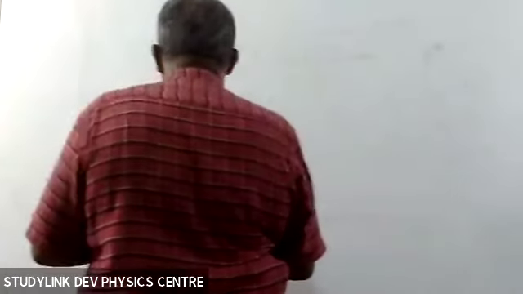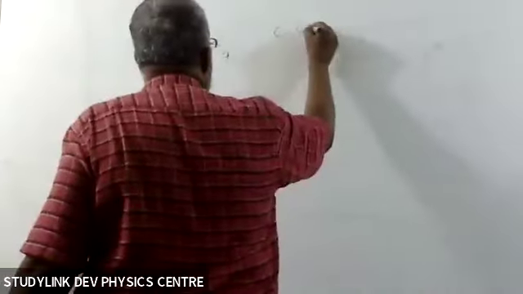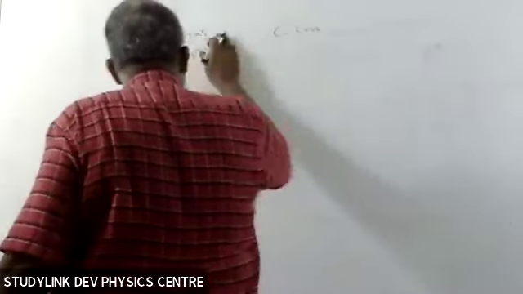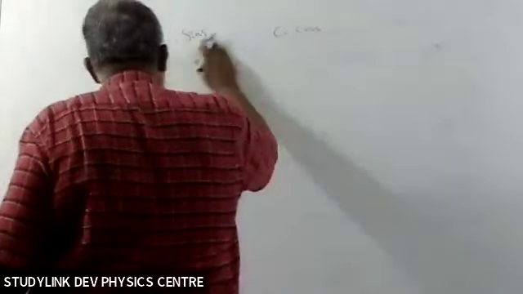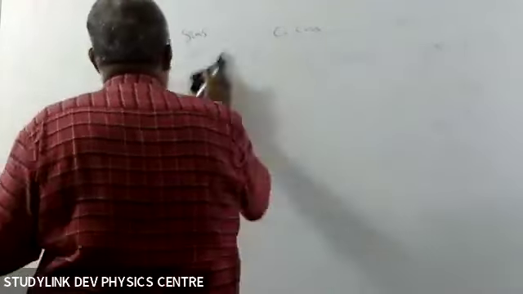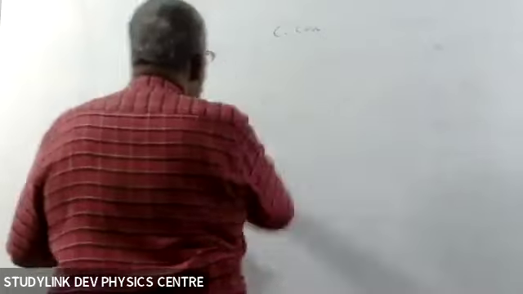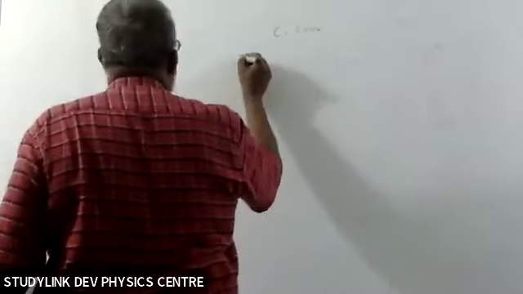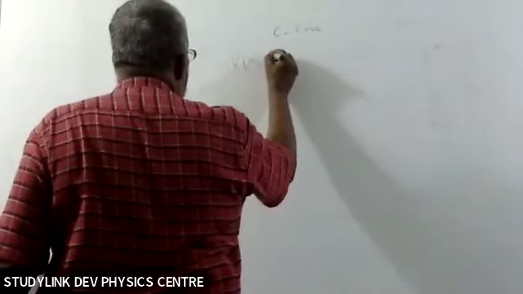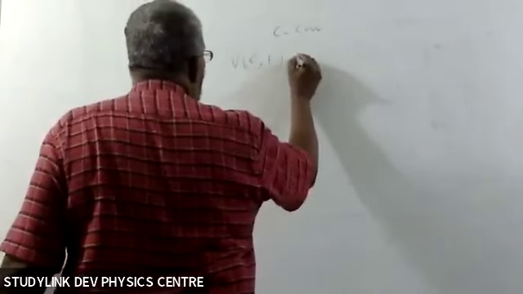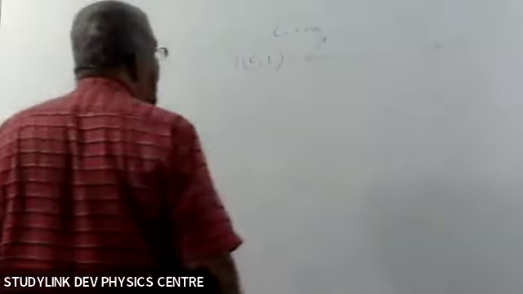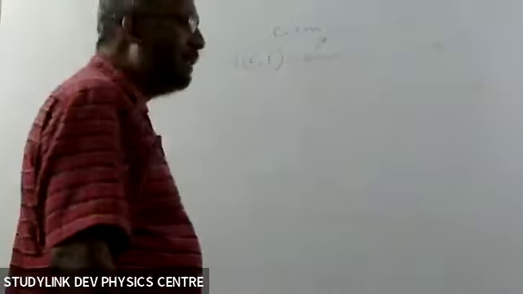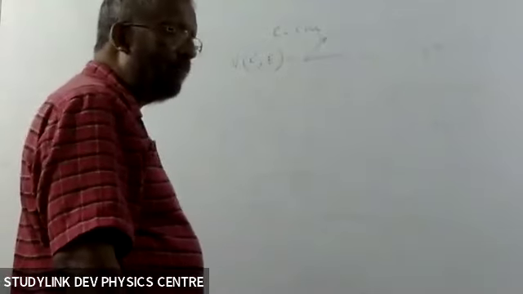Again, you can write C is car. And further, when you are starting, you have to start from velocity of the car relative to the earth, towards E. That is, I said southeast.